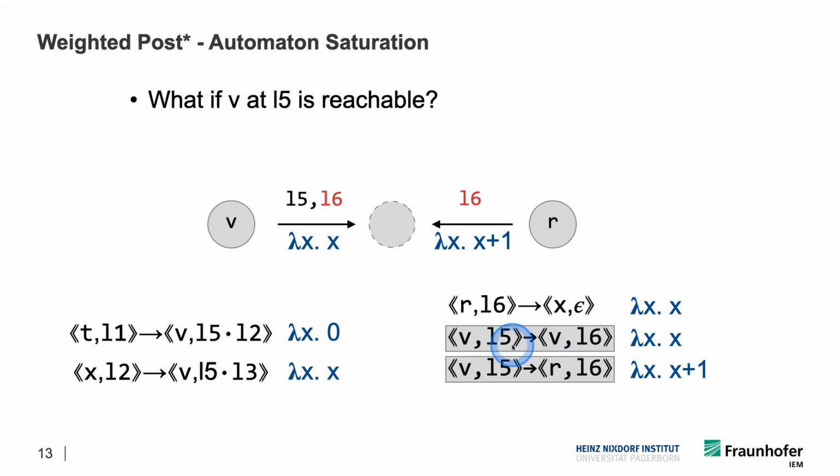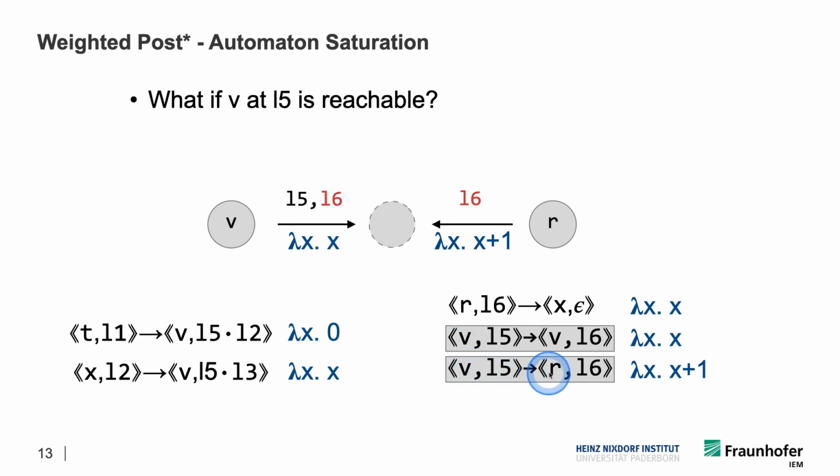Because of this first rule, we now have an edge from V to the accepting state, not just at line 5, but also at line 6, right? So basically I have 2 edges here now, both of which are labeled with the identity function, right? Because we have the same weight here as well. And I'm just denoting these two edges by one compound edge with L5, L6.